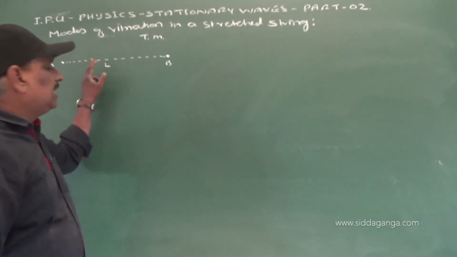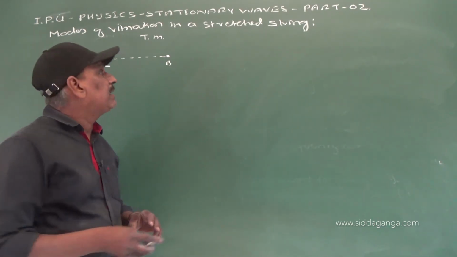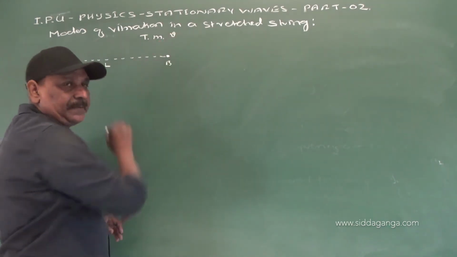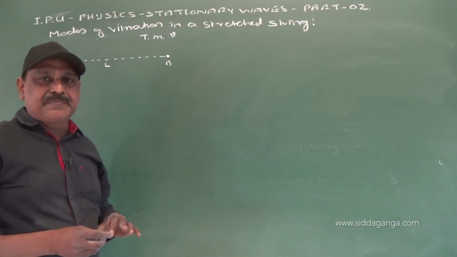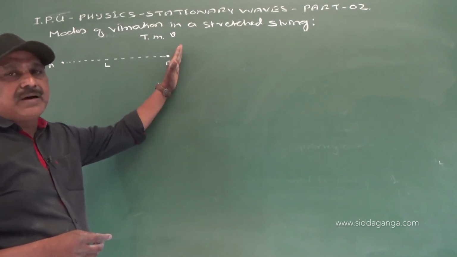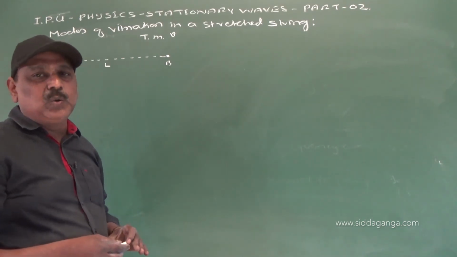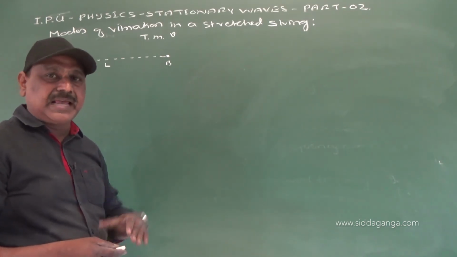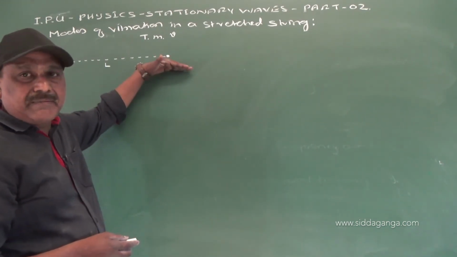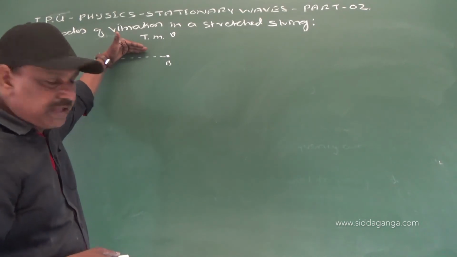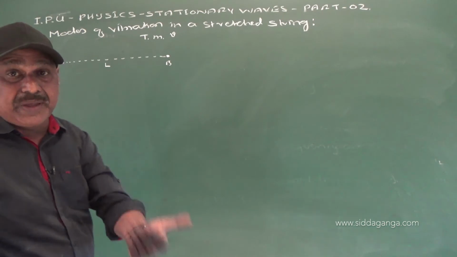When a string is plucked at one end, a transverse wave propagates with a velocity V from end A to end B along the length of the string and is reflected from the point B. The reflected wave is identical to the incident wave in all respects except the fact that it is travelling in the opposite direction. The reflected wave superposes on the incident wave, forming a transverse stationary wave, right?